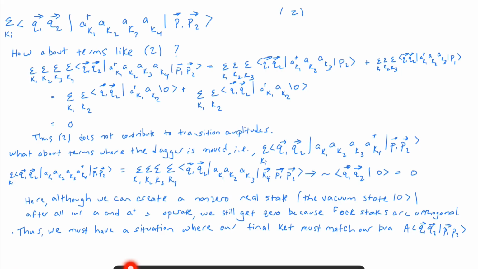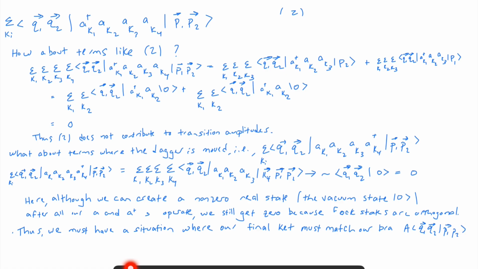That new ket is going to have its inner product taken with this original bra of the final state. And basically, the only way I'll get a non-zero answer is if I can manipulate all this stuff and get the final thing at the end that equals the original thing. Even if I do a bunch of manipulation, I may get some constant factors that I'm ignoring right now that get pulled out front and that actually matter for our calculation. But in terms of the kets and the bras, the bra is always Q1, Q2.